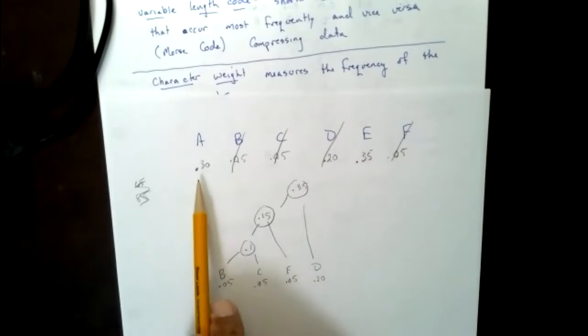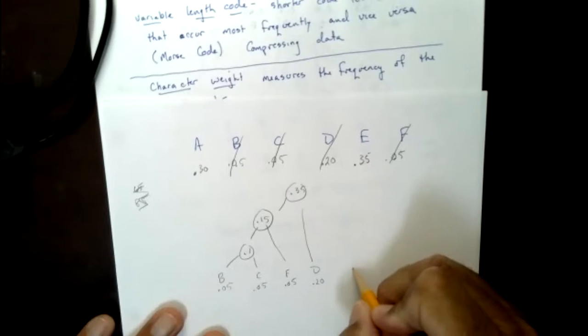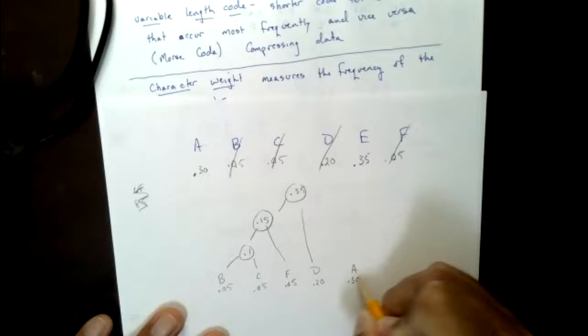Now I have a 0.30, 0.35, and a 0.35. So it looks like I'm going to combine A with either E or with this group over here. What would we like to combine A with? E. Okay, good. A, 0.30.